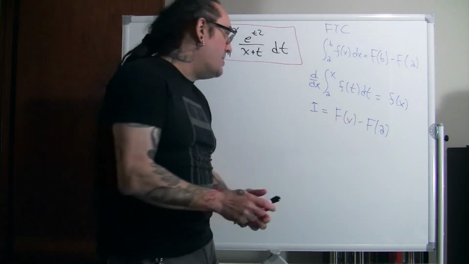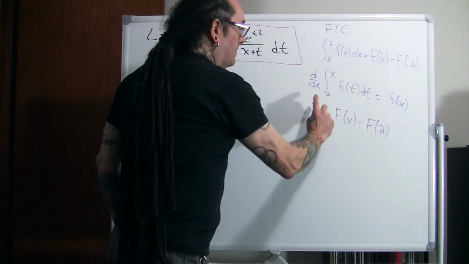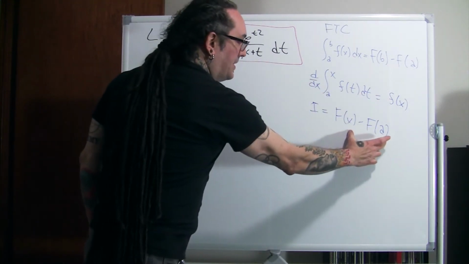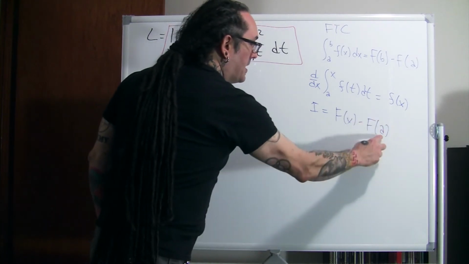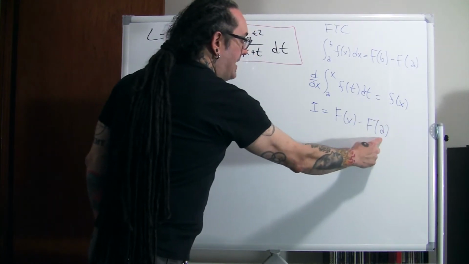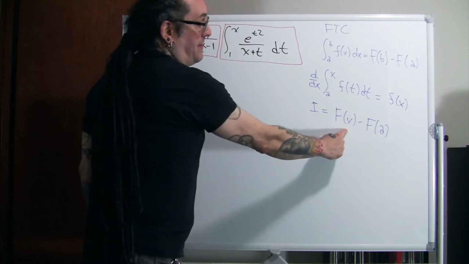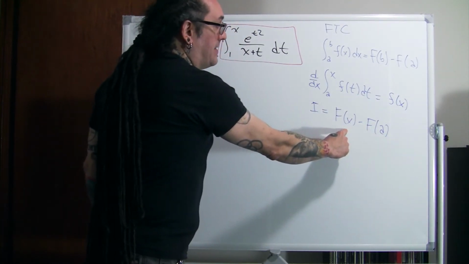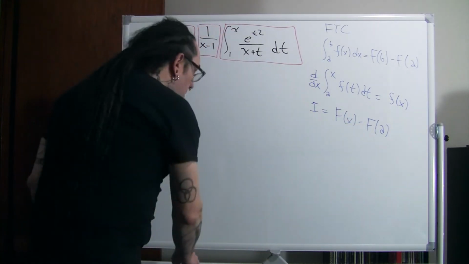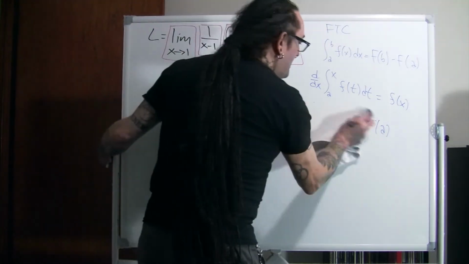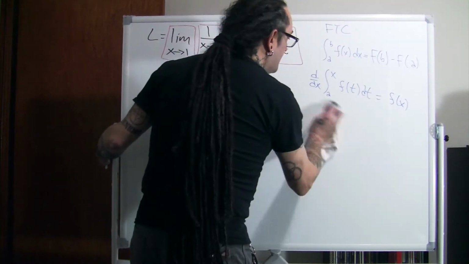So this is kind of a side note. If I calculated this integral and then took the derivative of this expression, this is a number because I evaluated it at some number a, but this still contains the variable. Okay, let's leave this up here and see if we need it.